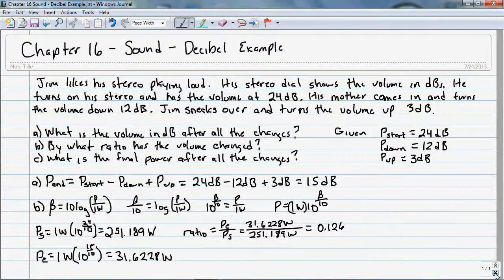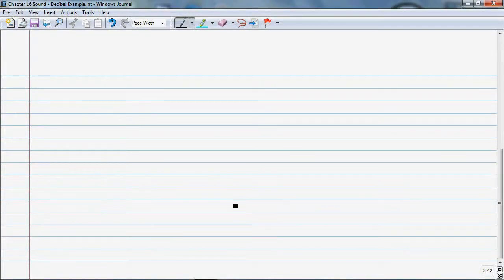So we can find the ratio is going to be 2, because I either do doubles or halves, to the power of the decibels at the end minus the decibels at the start, and I'm going to divide that by 3 in the exponent.